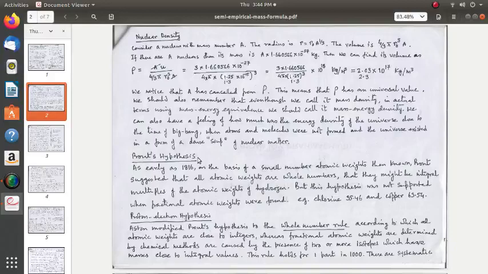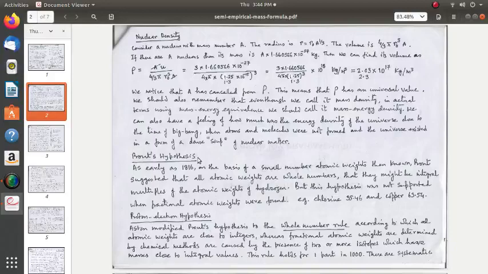But this hypothesis was not supported by the scientific community when it was found that chlorine has atomic weight 35.46 and copper has atomic weight of 63.54.